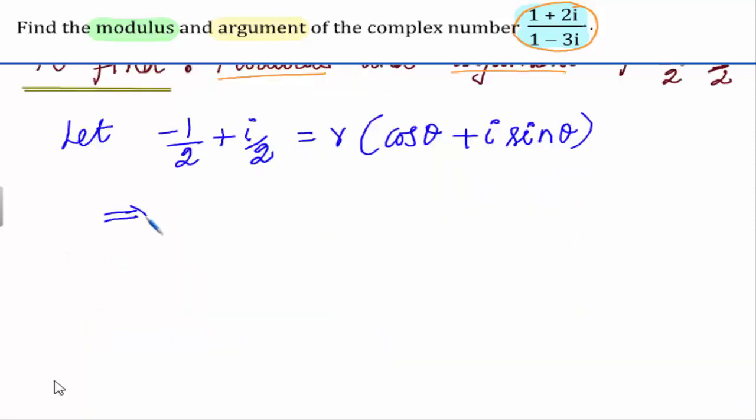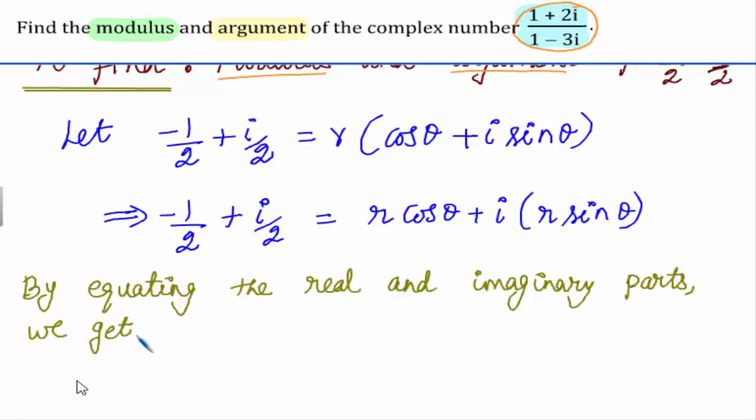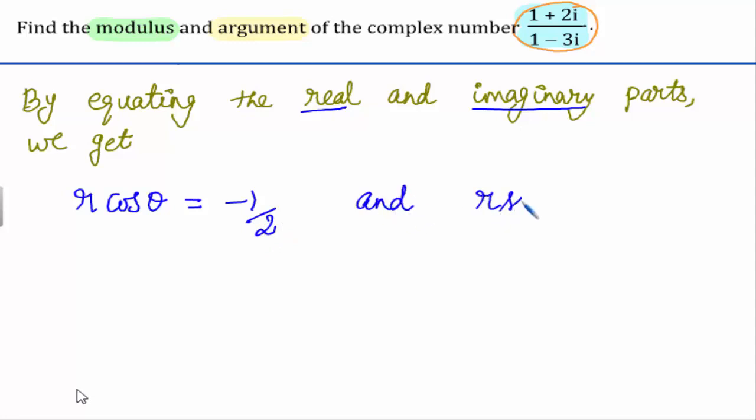This implies minus 1 upon 2 plus i upon 2 is equal to r cos theta plus i into r sin theta. Next, by equating the real and imaginary parts, we get r cos theta is equal to minus 1 upon 2 and r sin theta is equal to 1 upon 2. Let us name this as equation 1 and this as equation 2.